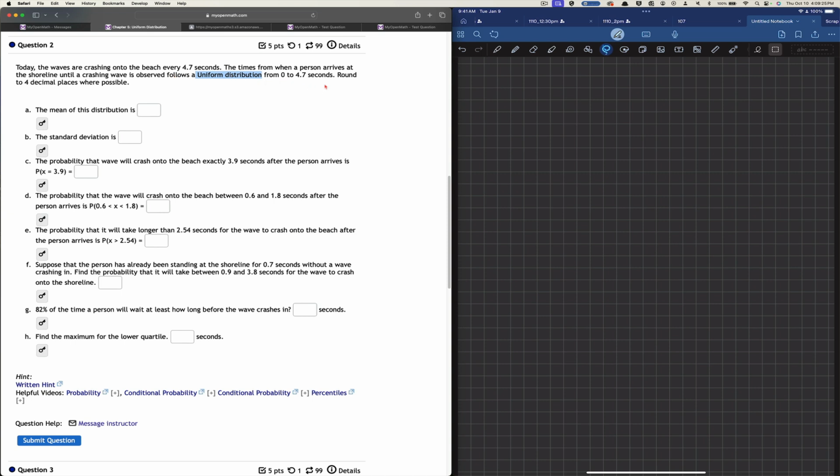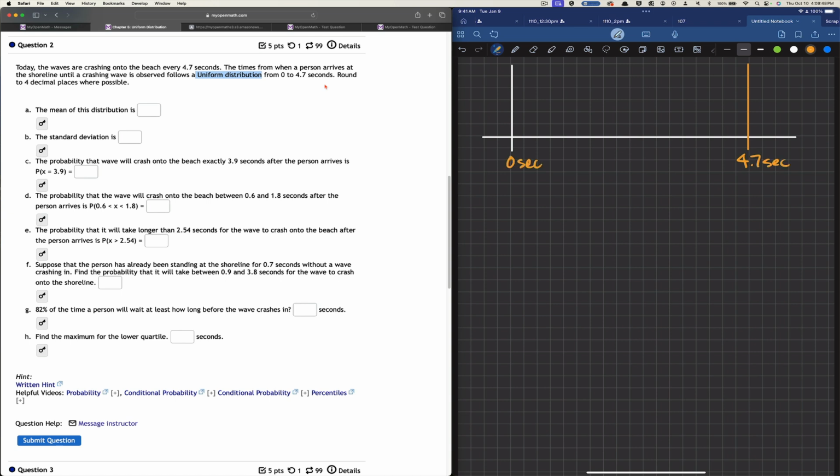So in this case, I have a y-axis that I can see. That's my left boundary, and my right boundary is going to be at 4.7 seconds. I'm just going to draw one here, it's completely arbitrary. So this is at 4.7 seconds and this is at 0 seconds.